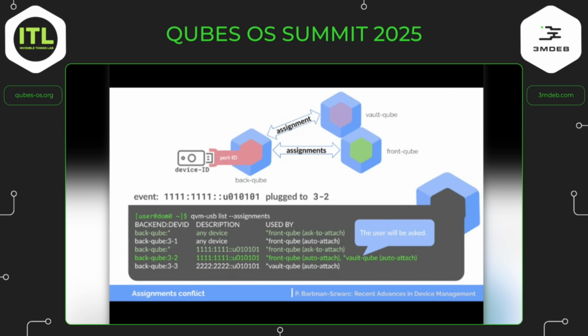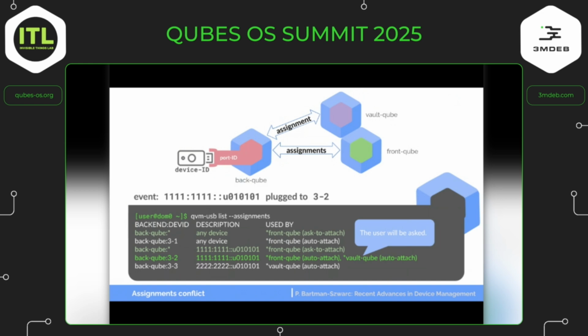In the second example, if we have a device like that, but we change the port to 3-2, we also have three, in fact four, assignments which match this event.